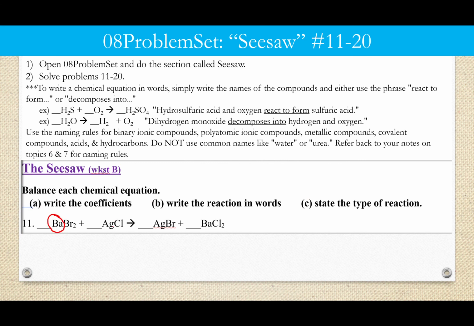We can say that the cations switch places, and there are two of them that switch places. So then barium bonds with chlorine, and silver then bonds with bromine. So this is a double displacement reaction.